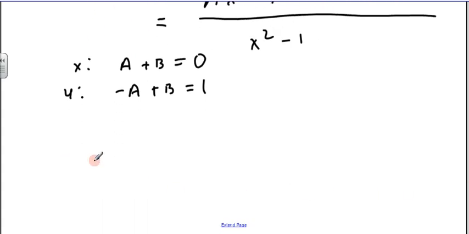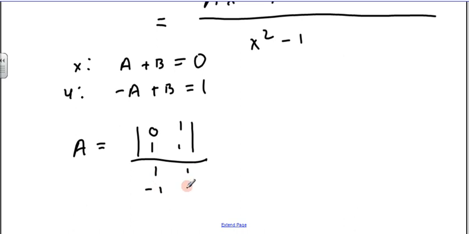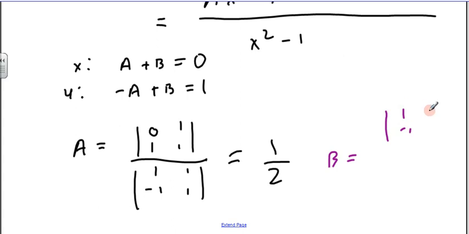So Cramer's rule, what is a going to be? A is going to be 0, 1, 1, 1 divided by 1 minus 1, 1, 1. And on the bottom, I've got a 2, and on the top, I have a 1. And then I do the same thing for b. And I'm dividing by 2, and I end up with a half again.